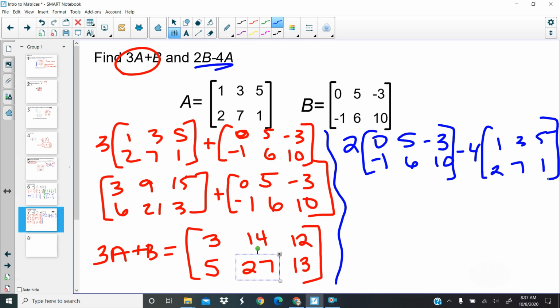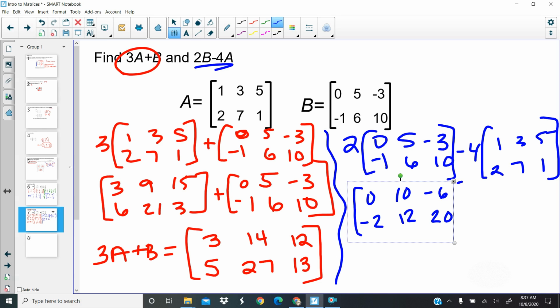So first I'm just going to multiply these scalars by the matrices. So 2B is going to be 2 times 0, which is still 0. 2 times 5 is 10. 2 times -3 is -6. 2 times -1 is -2. 2 times 6 is 12. And then 2 times 10 is 20.